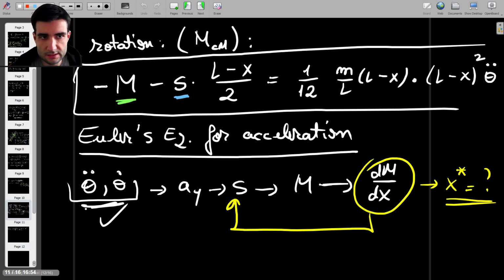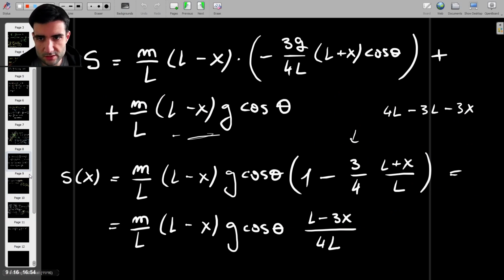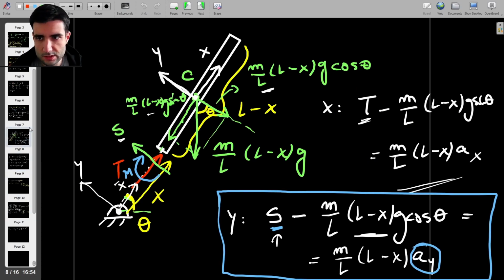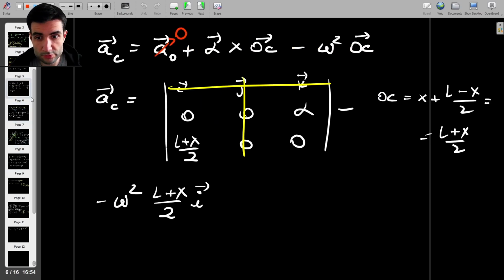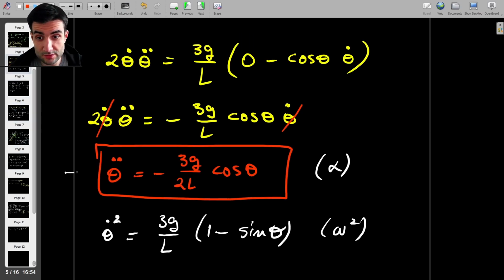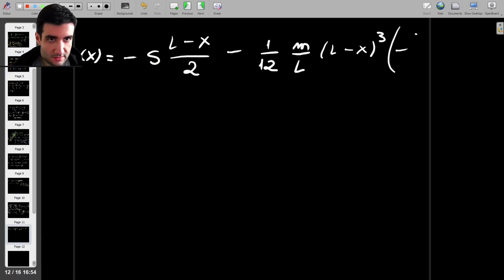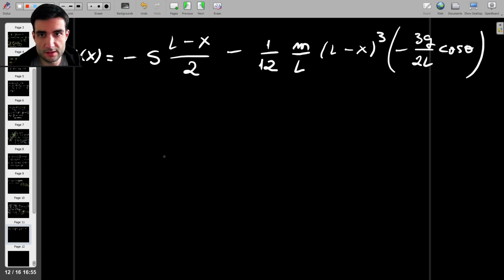And that is times theta double dot, which we know, so I'm going to substitute that straight away. So theta double dot is this one. So minus 3g over 2L cosine of theta. Okay, so M(x) is going to equal, actually we can simplify a few things, I believe, or at least one thing.